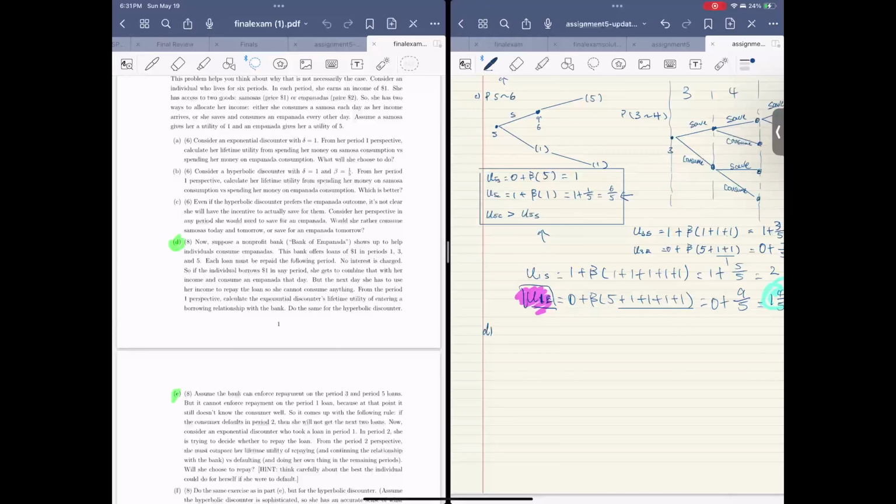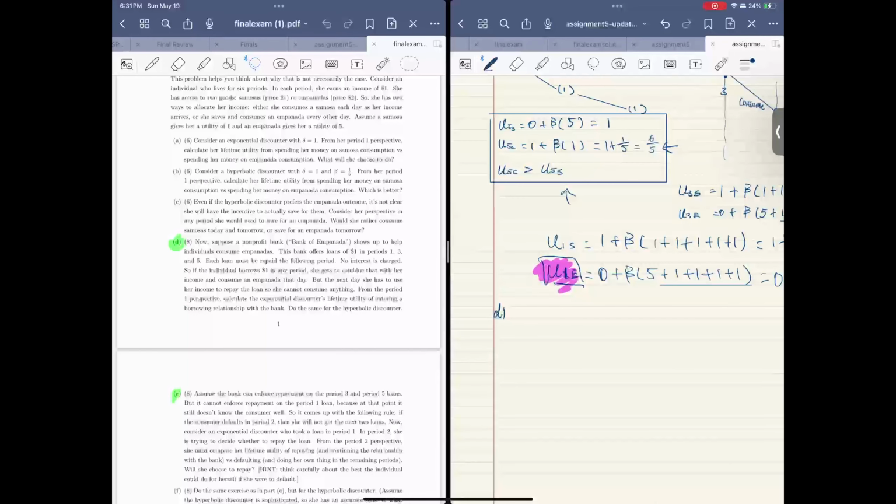Okay, so we have to do two. One is exponential and one is hyperbolic. So how do we start with exponential?